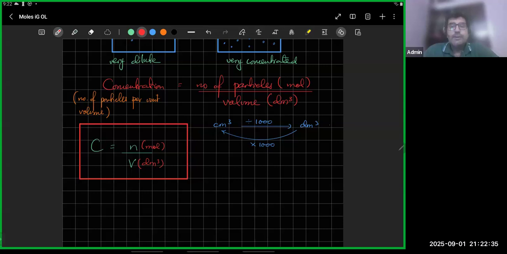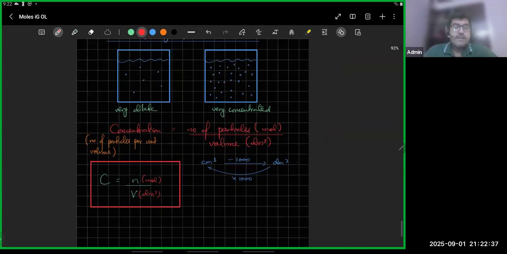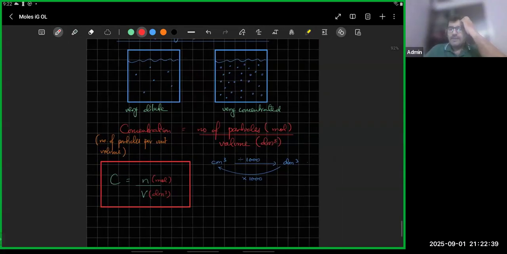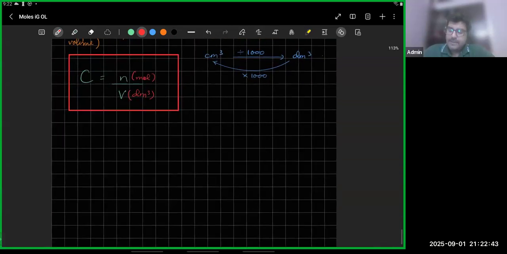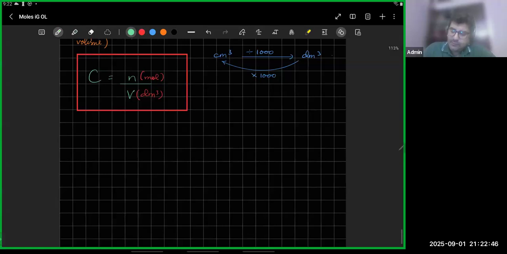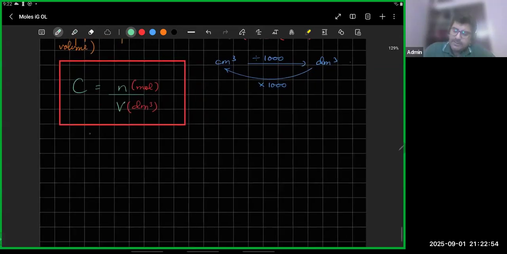All solutions are going to be described by concentration because otherwise, without concentration, you have no idea how many particles are present in a particular solution. Concentration has a unit as well, which is moles over volume, so the unit is mole per dm cube.